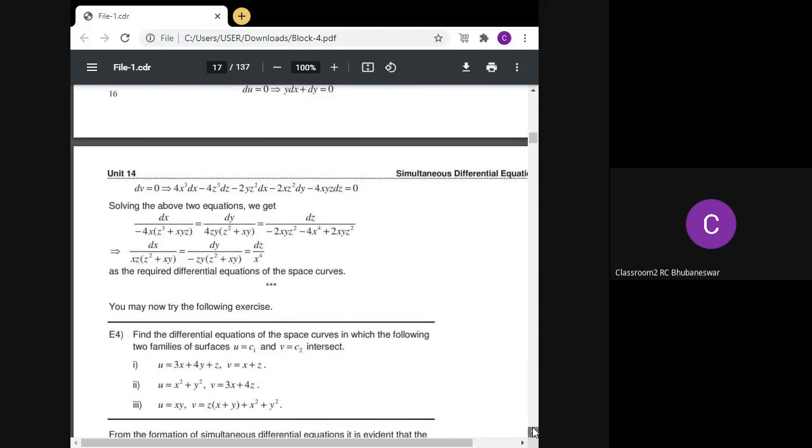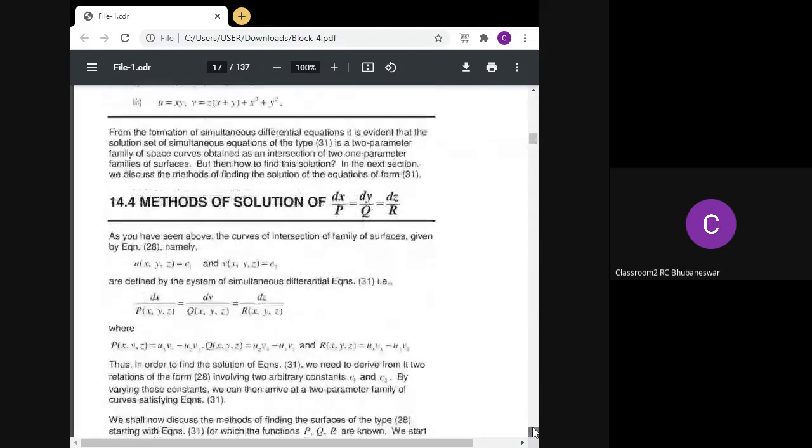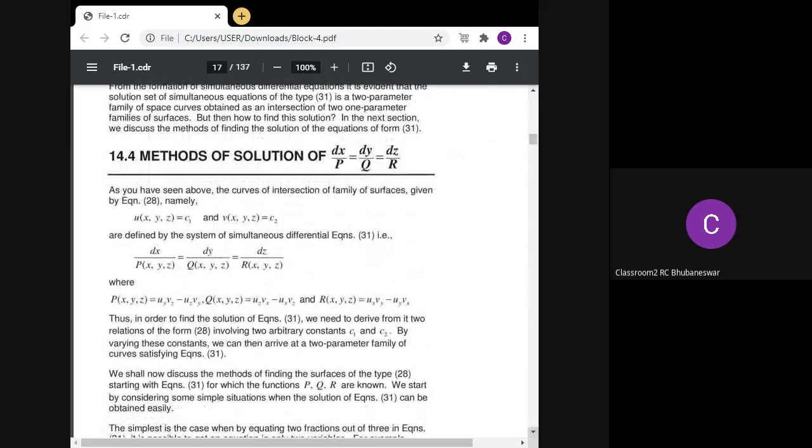Now we are moving to the methods of solutions of the differential equations or the system of differential equations in that particular form. The differential equation discussed earlier in this session, that is dx by p, dy by q, and dz by r, is a system of differential equations that has been developed from two families of surfaces, or you can say the curve of intersection of the families of surfaces given in equation number 28.